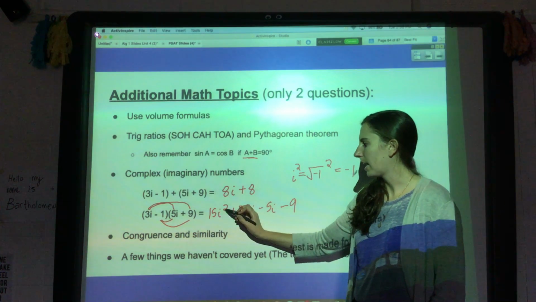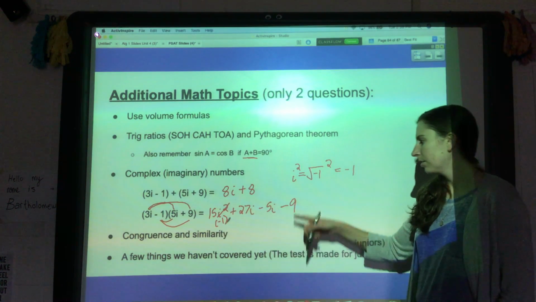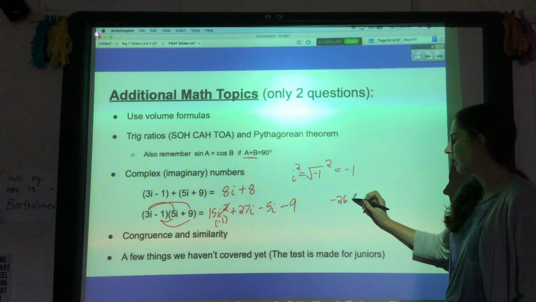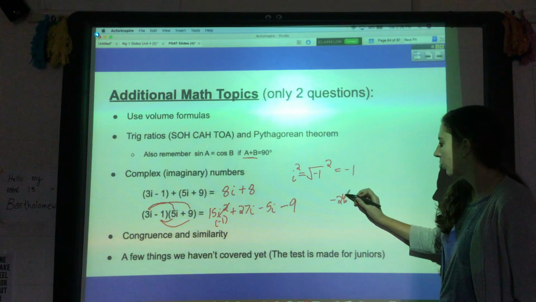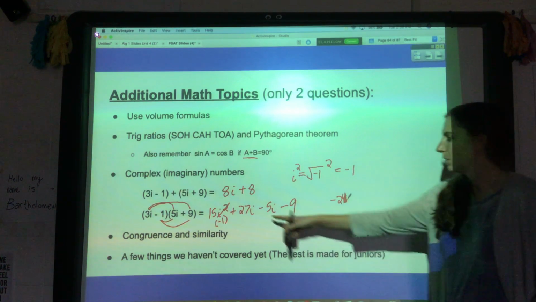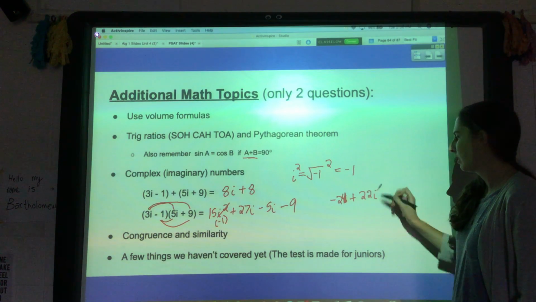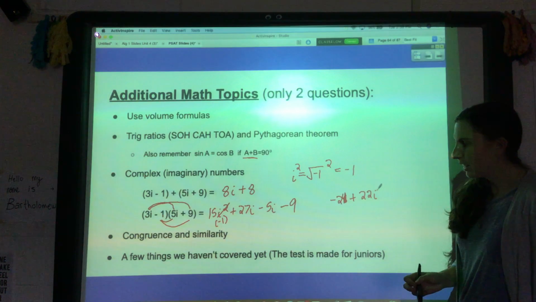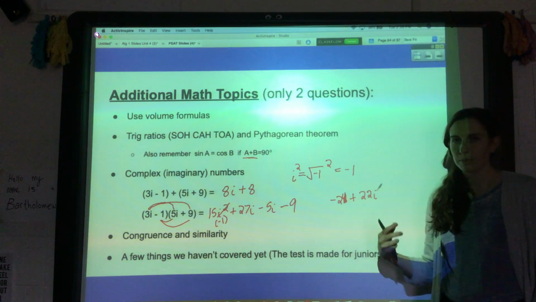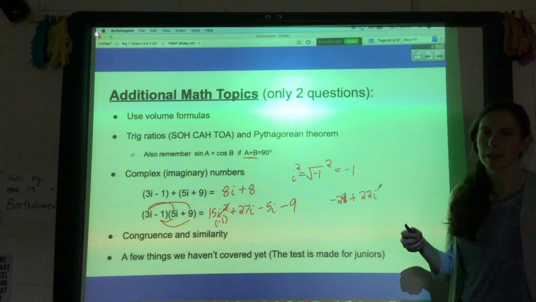So I'm going to replace i squared with negative 1, which gives me negative 15 minus 9, which would be negative 24. Sorry, negative 24. And then 27 minus 5 would be 22i. Finally, you might have to do some things with congruence and similarity, and there will be a few topics we haven't quite covered yet that are a little more pre-calc, so just be aware that that might be on the test too.